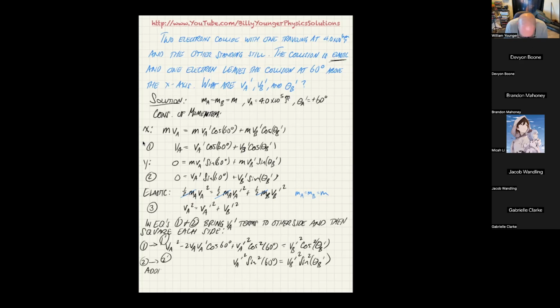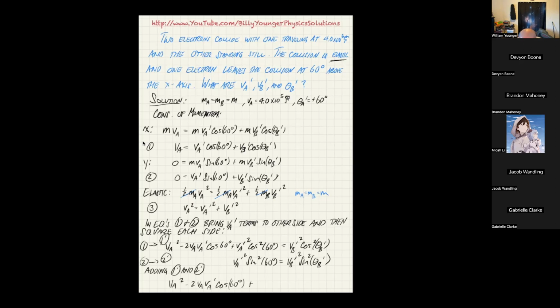Adding 1 prime and 2 prime, we get VA squared minus 2VA VA prime times cosine 60 degrees plus, now we're going to get in this term VA prime squared times cosine squared 60 plus VA prime squared times sine squared 60.